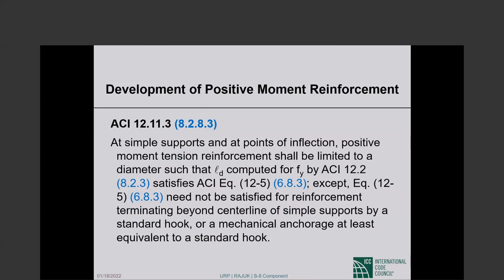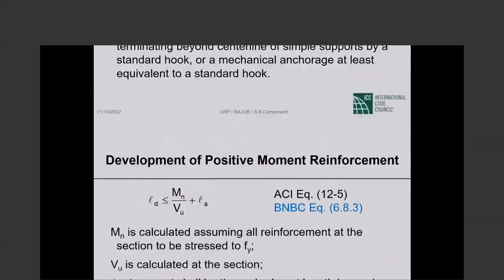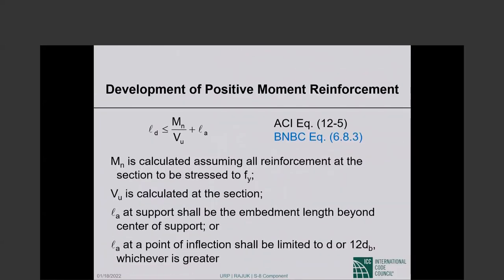At simple supports, still continuing positive reinforcement, at simple supports and at points of inflection, positive moment reinforcement shall be limited to a diameter such that l_d, this gets a little complicated.